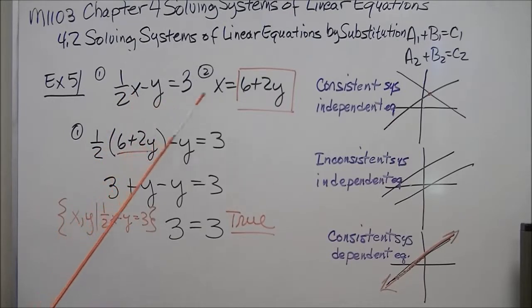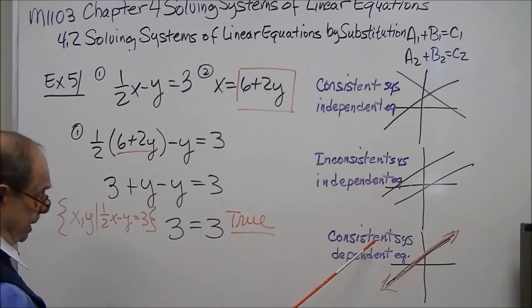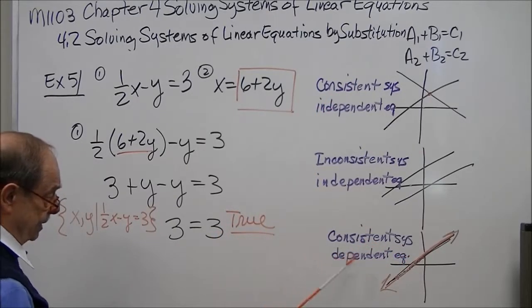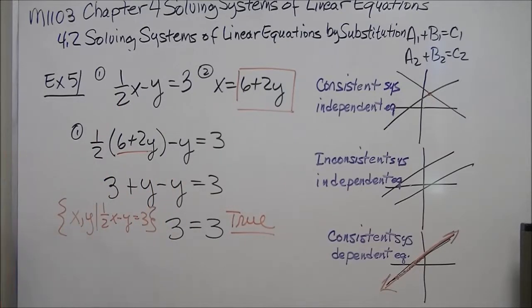These are just different forms of the same equation. They are consistent systems, they have an infinite number of answers, and they are dependent equations because they're the same equation. Okay, now we'll go on to our next section where we use a lot more algebra to solve through the process of elimination.